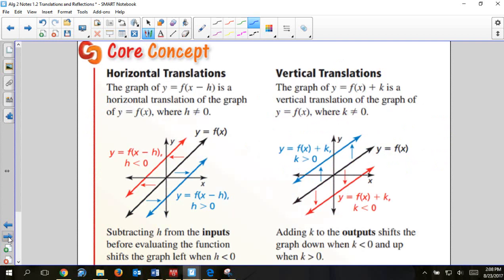This core concept is what we've already talked about. A lot of the stuff we're doing today, we've talked about the past few days, so some of it's going to be review. This is talking about horizontal translations. Remember, if it's horizontal, it's going to be inside of the parenthesis, and it's also opposite of what you think.